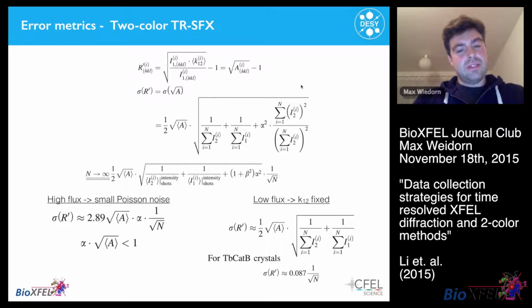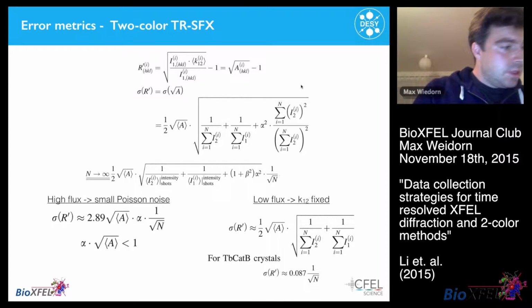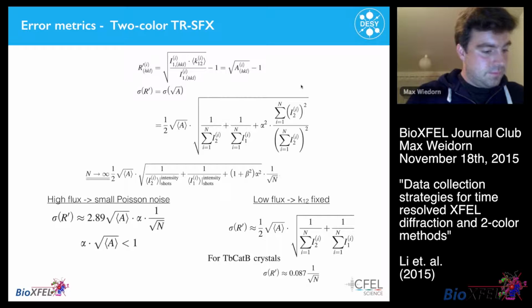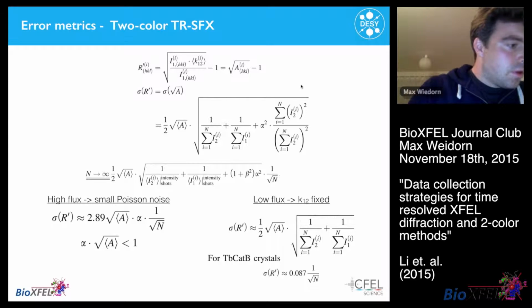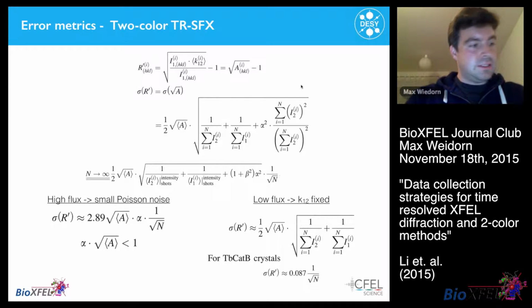But in this case, we have the square root of A times an alpha factor. And in this case here, alpha is the error of K over K, so the relative error of the intensity fluctuation.